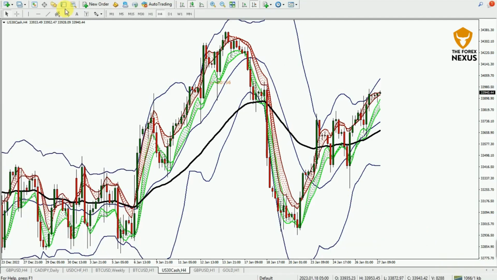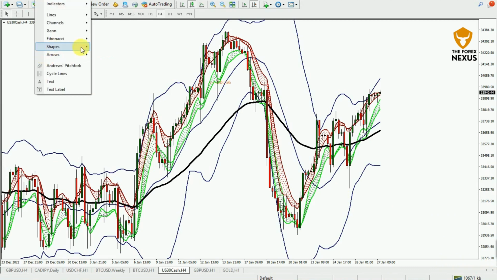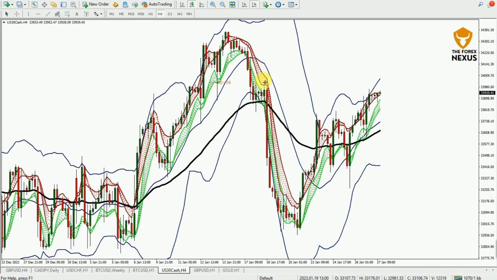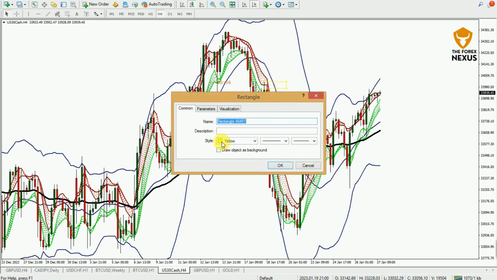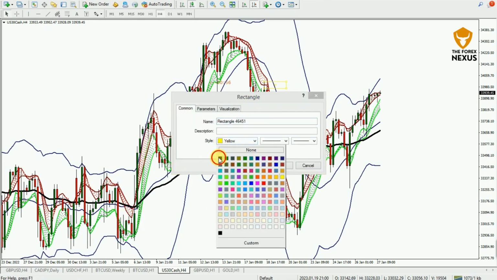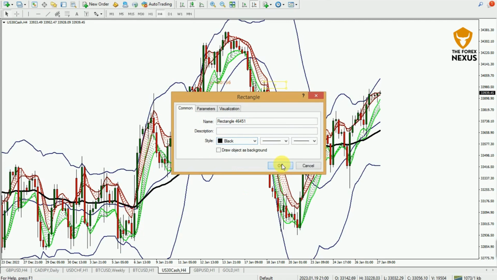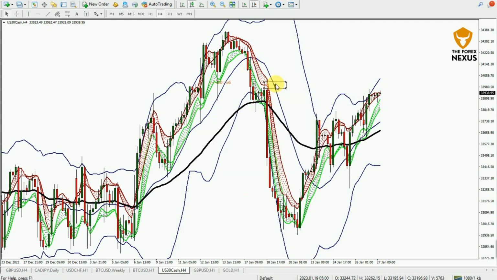Now let's mark this area, and suppose the market failed, then we will look for a sell setup here on the MA 5/10 high, because it's a re-entry sell here.